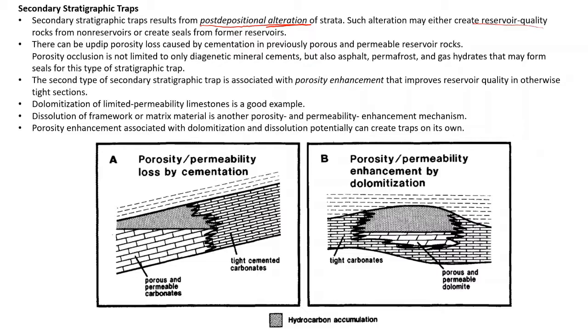So here you can see there could be a porosity permeability loss by cementation. There could be a porosity permeability loss, or sorry, enhancement by dolomitization or alteration. So all these could cause the formation or loss of the reservoir. So these are also the secondary stratigraphic traps.